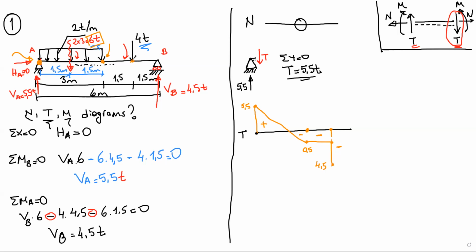After this shear force to the point B support, there is no load on the system. So the shear force diagram goes horizontally to this point. And this is closed here.